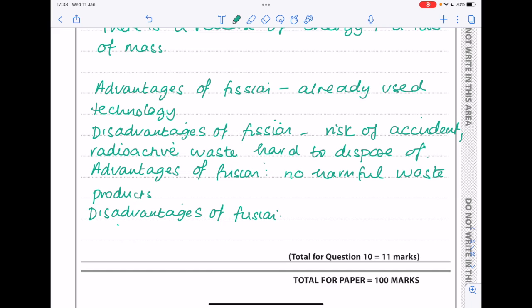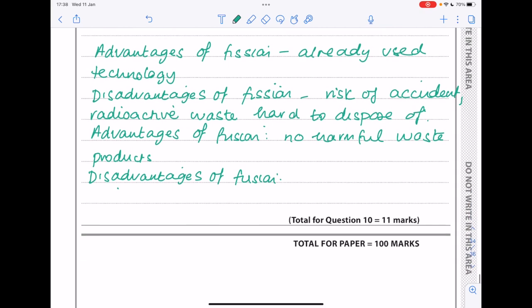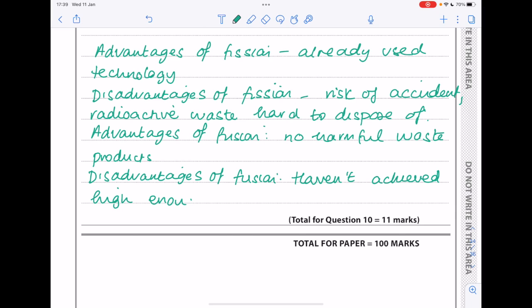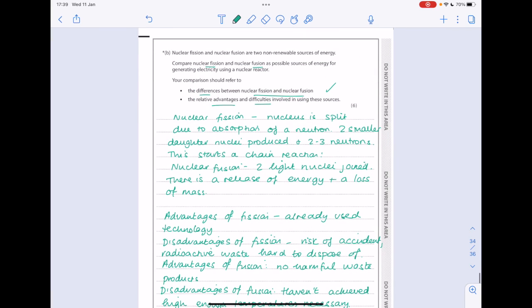However, the main disadvantage is that we haven't really achieved it yet because the high temperatures needed to overcome the repulsion forces of those positive nuclei have not been achieved yet. So if I scroll back out, I know that I've done both parts of the question.